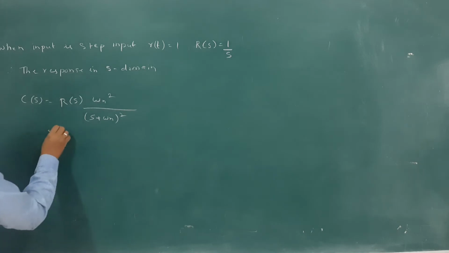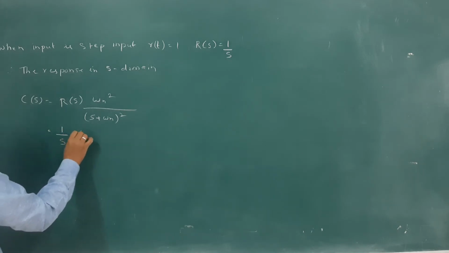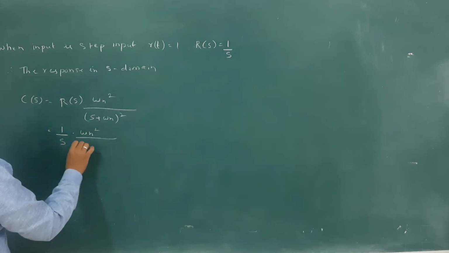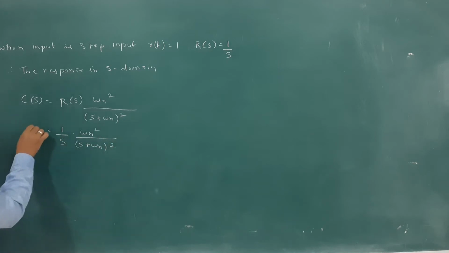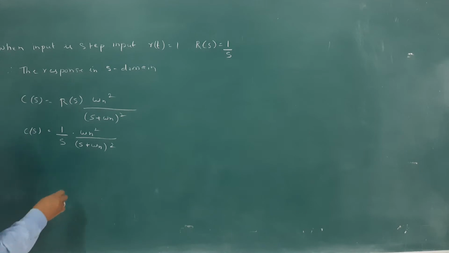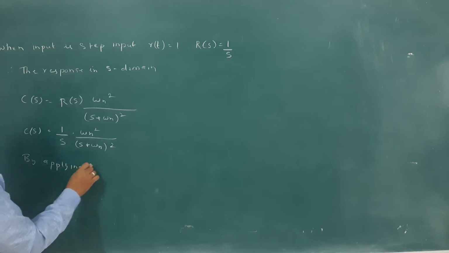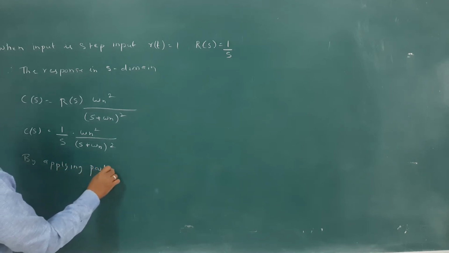What is R of s? R of s is 1 by s. So 1 by s into omega n square divided by s plus omega n whole square is equal to C of s. Now, we are applying the partial fractions for this equation.